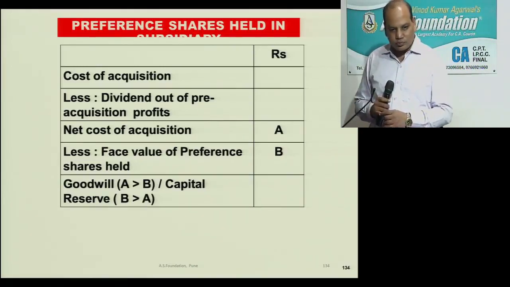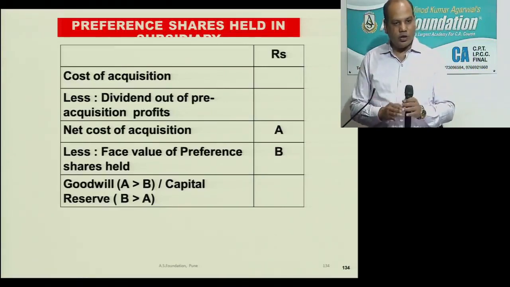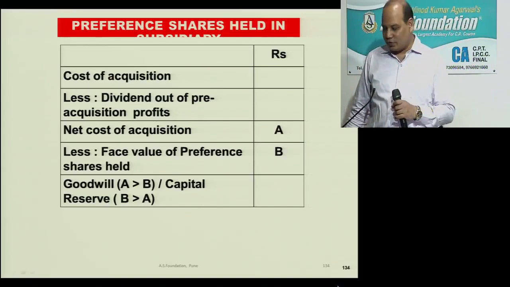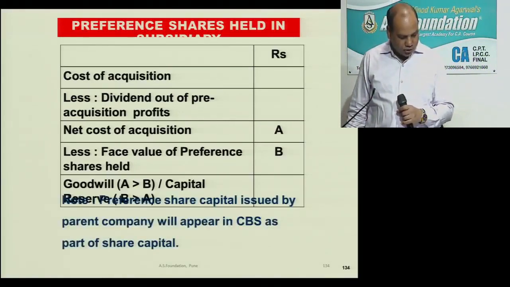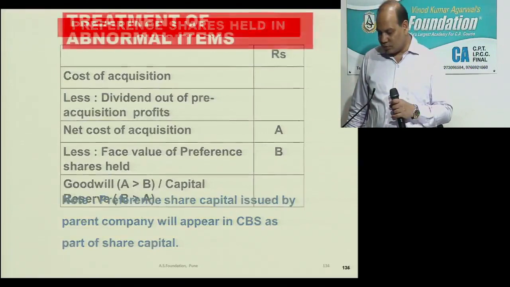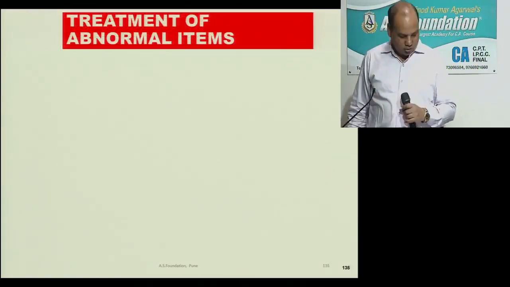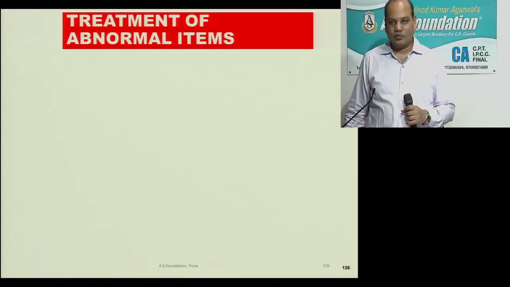Possible or not? Possible. On equity shares we are getting goodwill, on preference shares capital reserve. So what you do? Net off. Note, preference shares issued by the parent company will appear in the CBS under the share capital heading as usual. As usual. Now next is treatment of abnormal items.